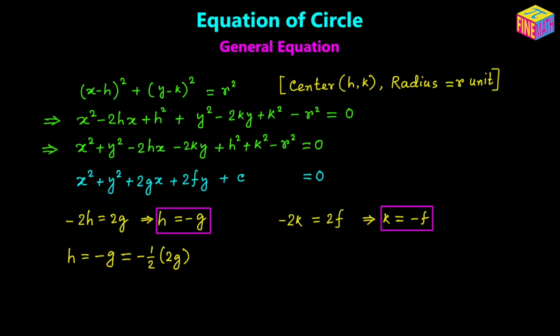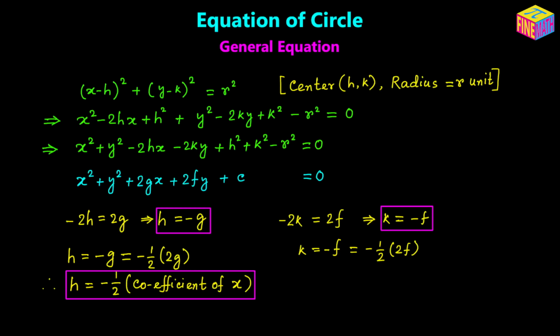Again, if we think about h equals negative g, can that be written as negative half of 2 times g? That means we can say that h will be equal to negative half of the coefficient of the x term in the general equation, and h is nothing but the x coordinate of the center of the circle. So the x coordinate of the center of the circle is equal to negative 1/2 times the coefficient of the x term in the general equation.